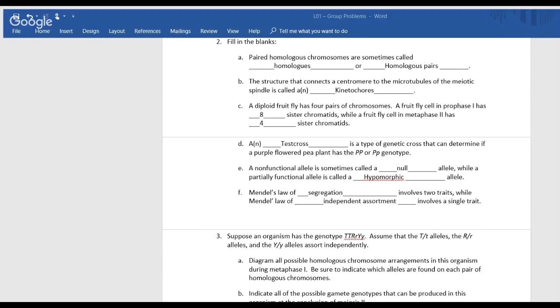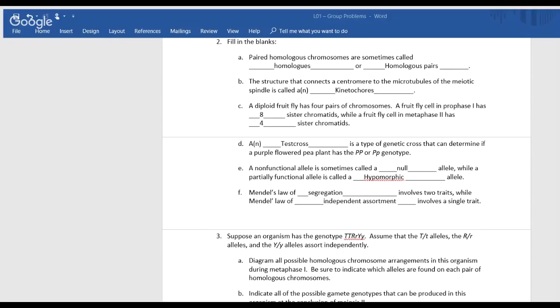They're pretty close to identical, but not quite. The alleles are different, and they're the non-replicated, non-sister chromosomes. So these are just the two other names for them.